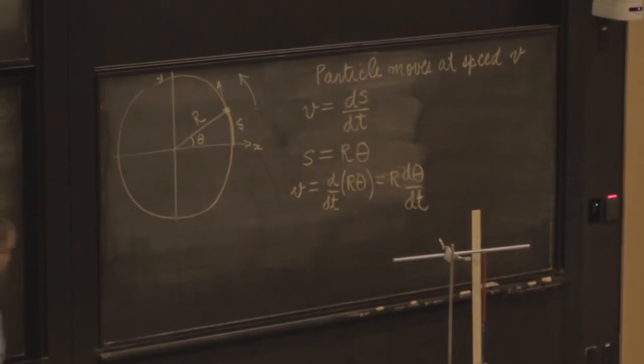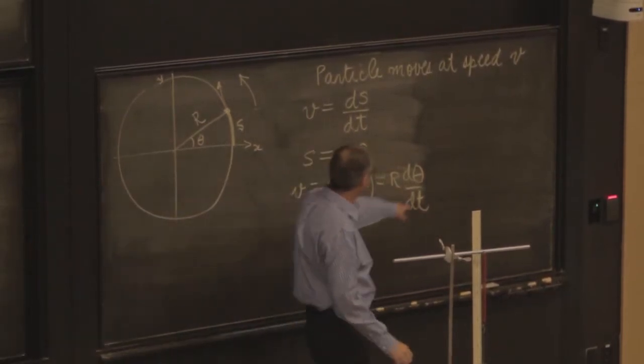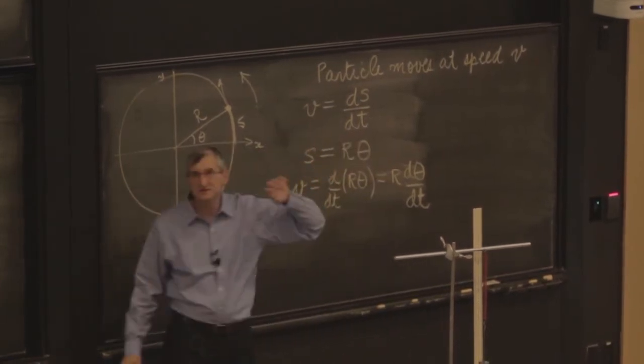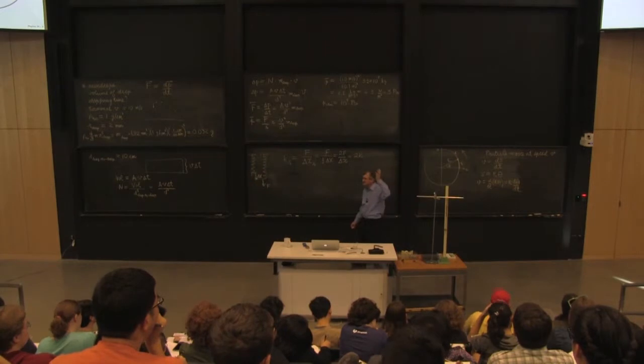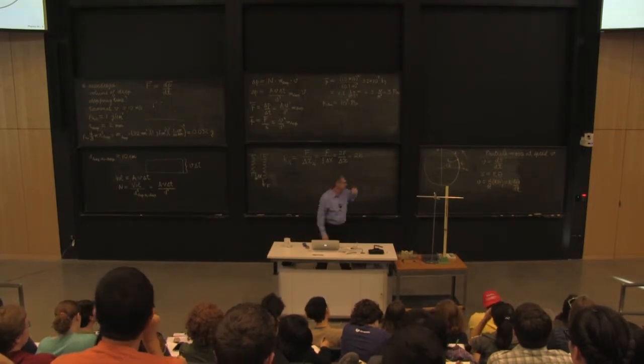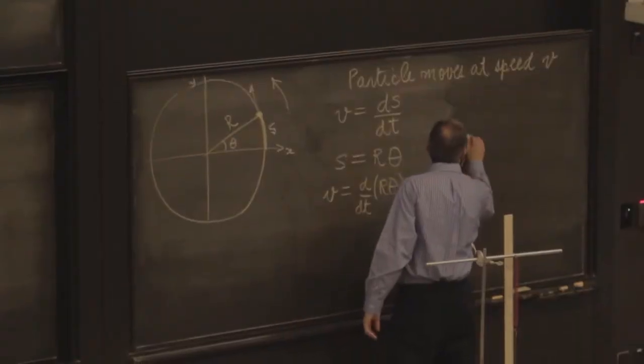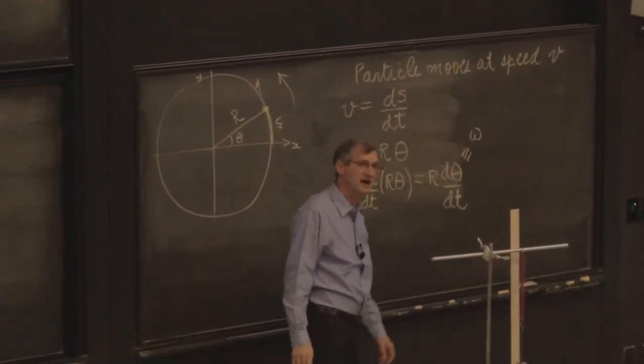Now we often give this derivative, just like we give the symbol v to dx/dt or ds/dt, we give the symbol omega for the angular velocity.